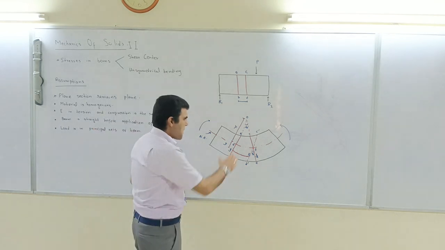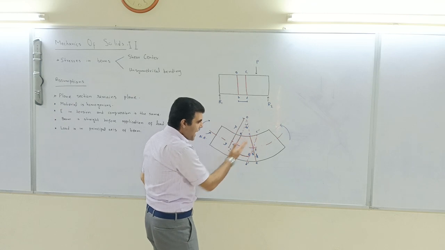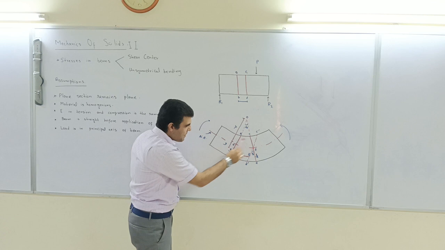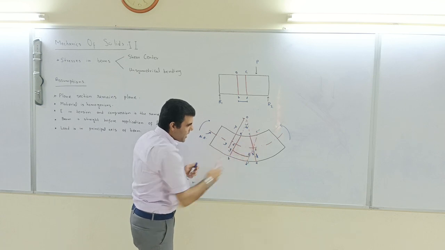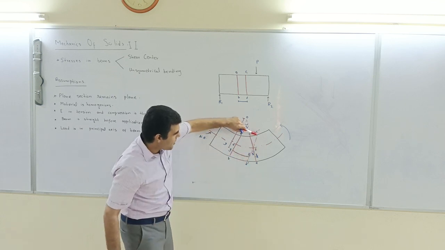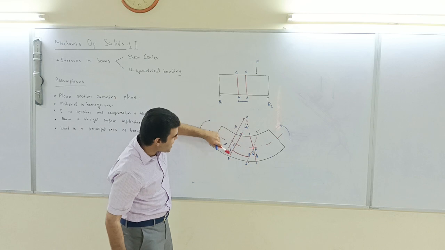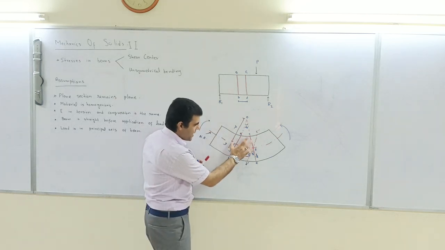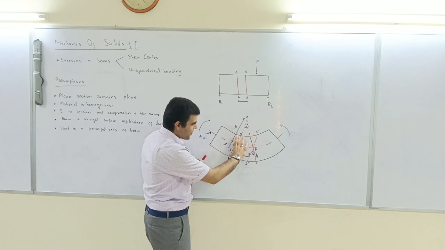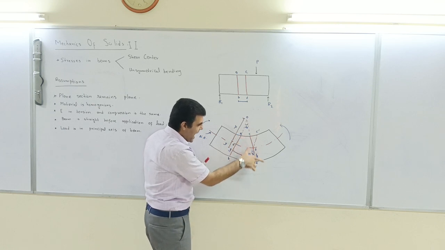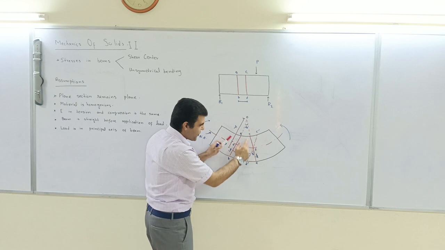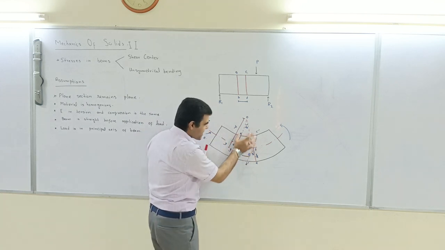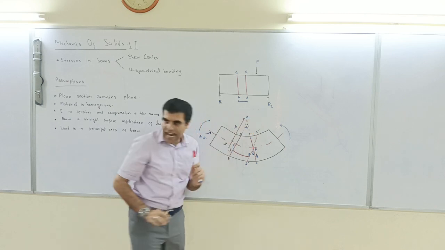Because these two cross sections, the straight lines AB and CD, have moved apart, we can extend them and they will join at a point.